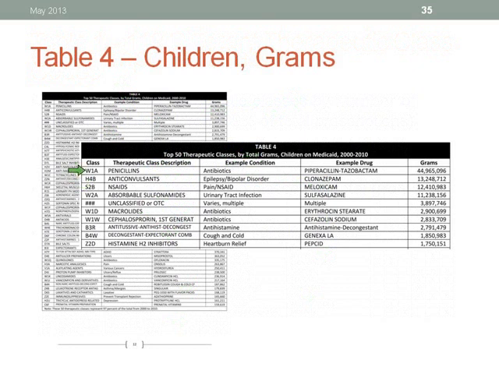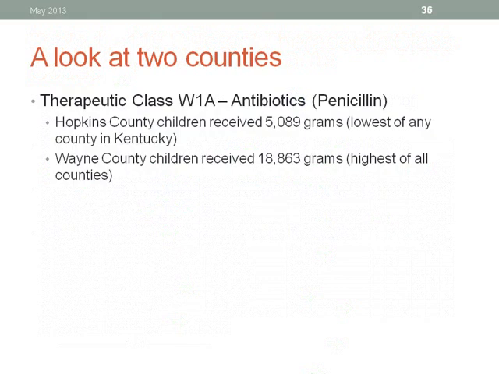Therapeutic class W1A, which is antibiotic. It's a penicillin, and you can see that by far the highest amount of grams went for that. Hopkins County had the smallest, about 5,000, and Wayne County had almost 19.